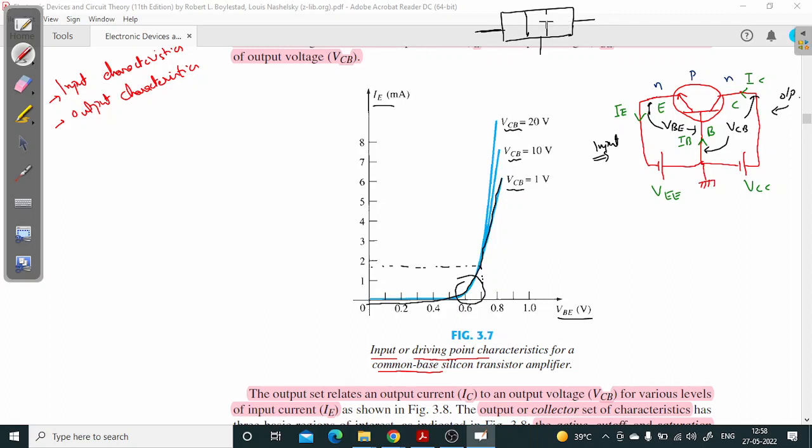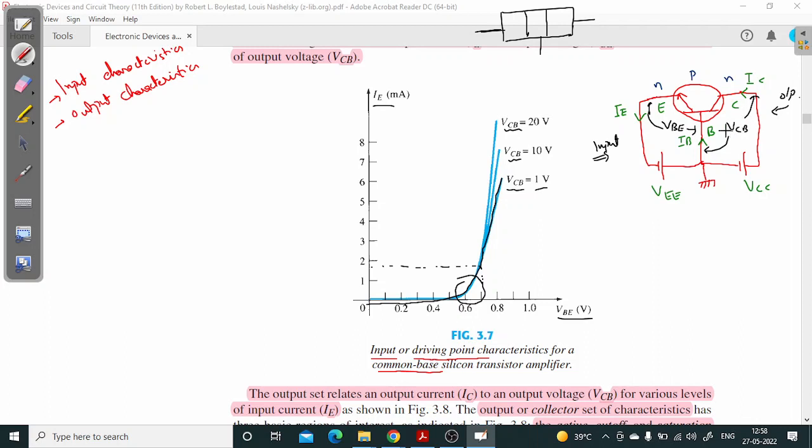Because the first junction is forward biased, the input characteristic between input current and input voltage is similar to the characteristic of a forward biased diode, like this, when VCB, the output voltage, is 1 volt, let's say.